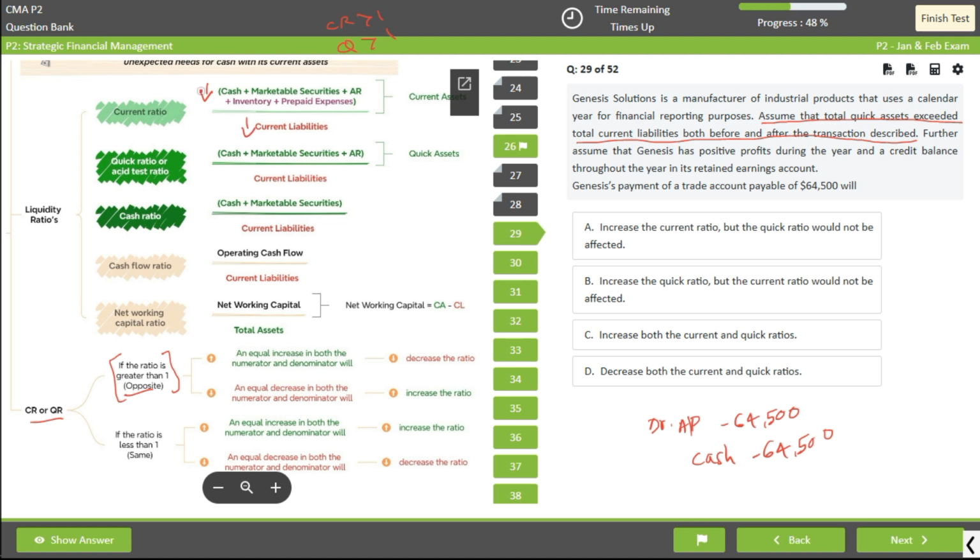An equal decrease will increase the current ratio. The same thing happens here: your current liabilities decrease and your cash is also decreasing. This will increase the quick ratio or acid test ratio as well. So the correct option is the one that increases both the current ratio and quick ratio.